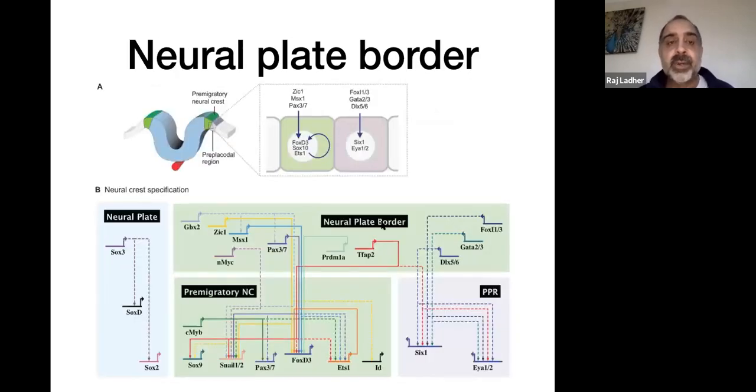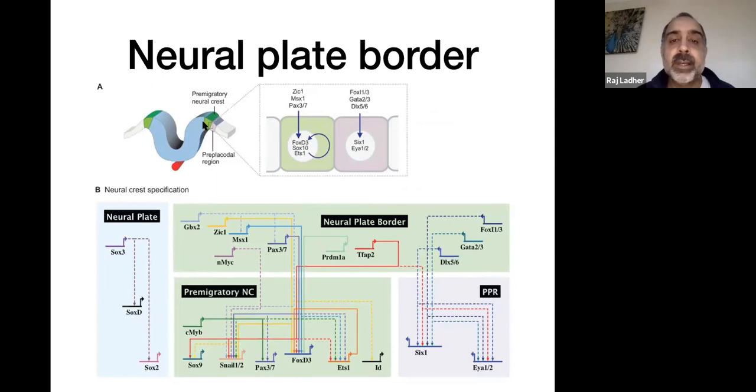So neural crest is forming from this border between the neural ectoderm and the surface ectoderm. And a lot of work, primarily from the lab of Marianne Bronner, has gone into finding the mechanisms of how this neural crest has arisen.